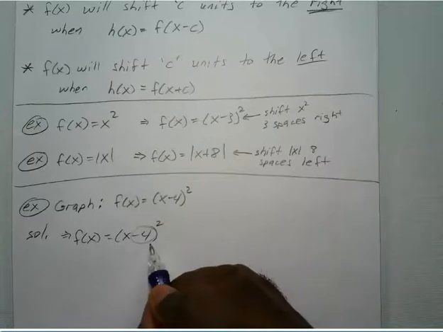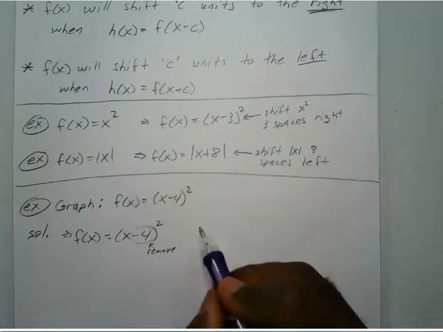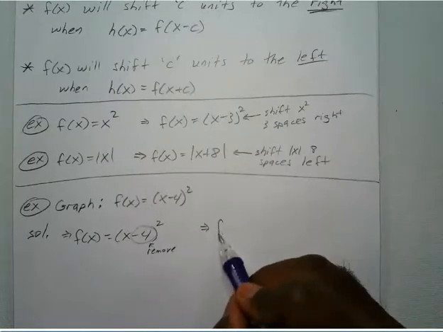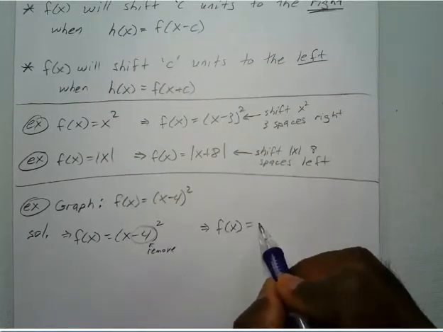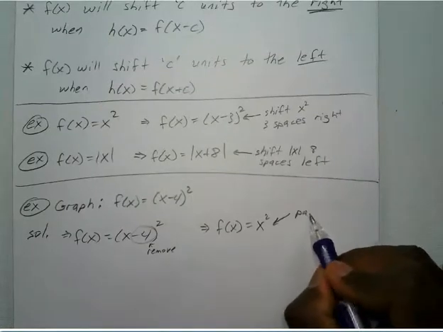So we're going to remove that minus 4. That means f of x equals x squared is our parent function.